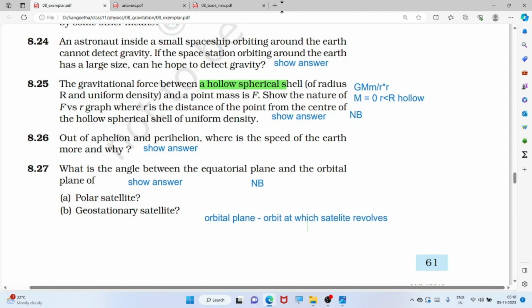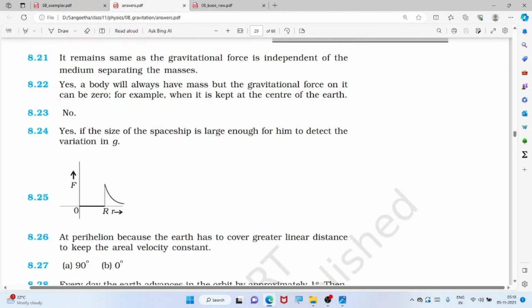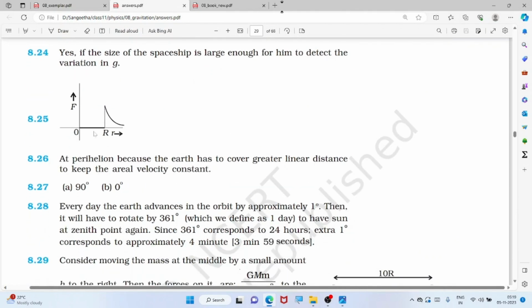Hollow spherical shell of uniform density, that is important here. Up to the radius, the force is 0, then after that the force slowly decreases.